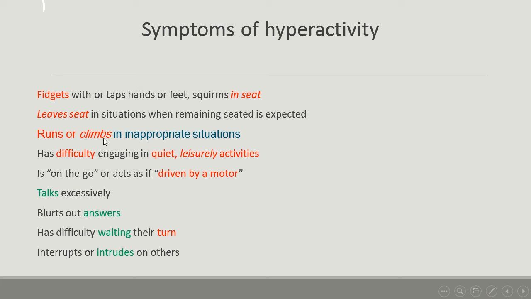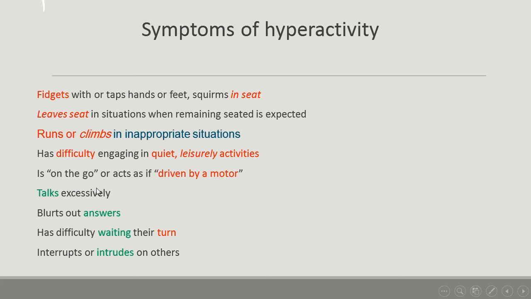Or not even leaving his seat, but he runs or climbs much in, again, inappropriate situations. Or even if he is in a playroom or something, he cannot have leisure time quietly. So he has difficulty engaging in quiet, leisurely activities. He is always on the go, as we saw in the case of Samantha.